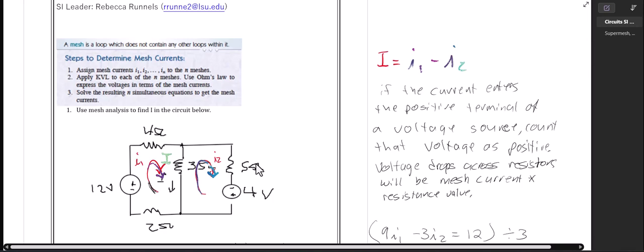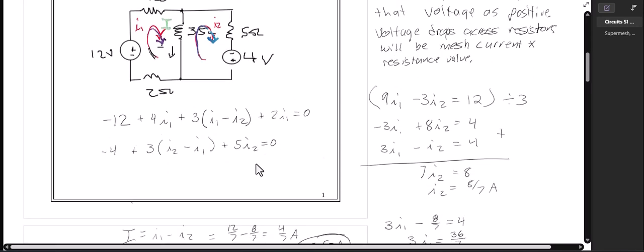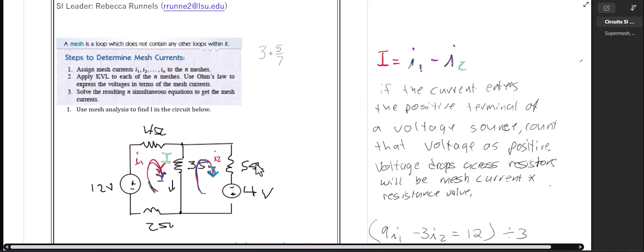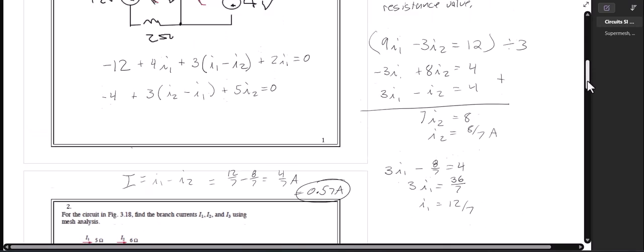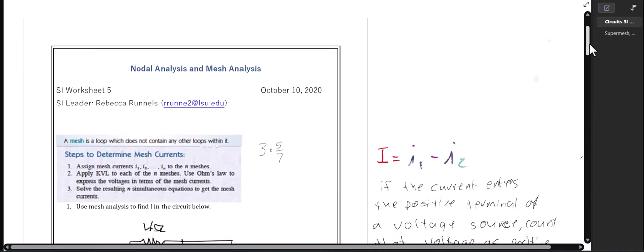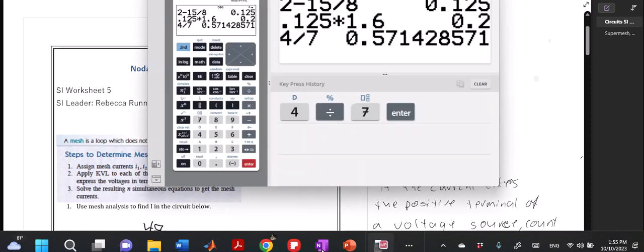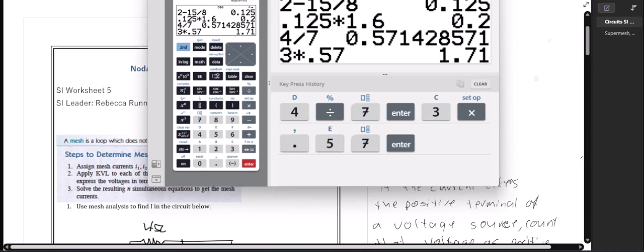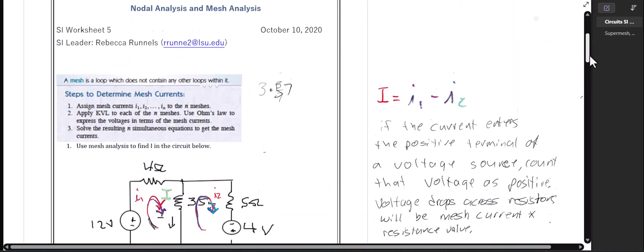So I'm just going to check myself here. If it's 0.57 amps, then that means the voltage drop across this resistor should be 3 times 0.57, or 1.71.